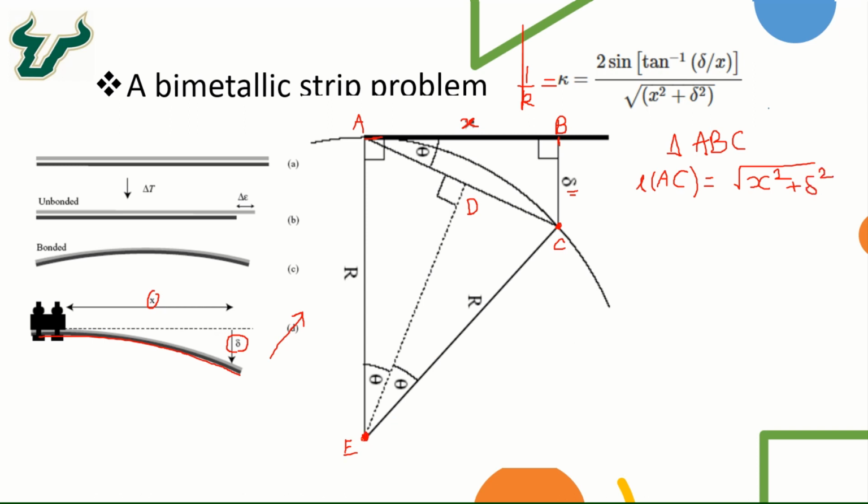And from point E, if we draw a perpendicular line on AC, that is going to divide this whole length AC into 2 equal parts, AD and DC, because AE is R and CE is R, and so this is the arc.